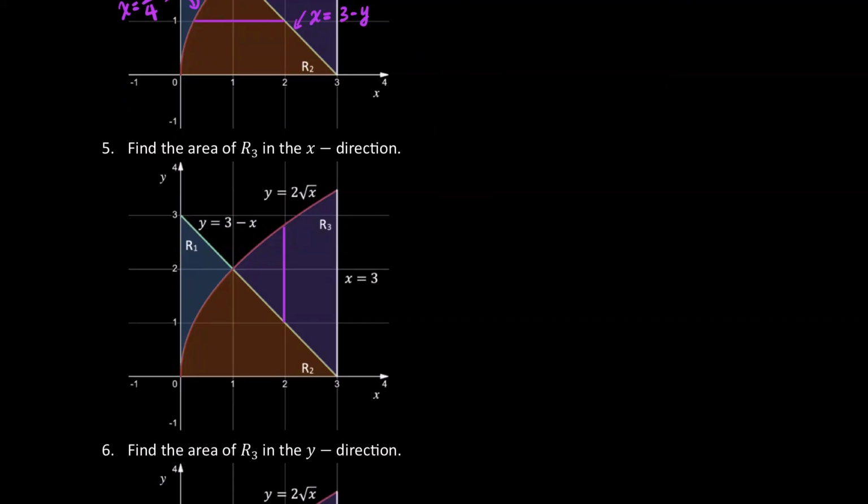And you can see throughout the entire region, the top function is 2 square root of x, and the bottom function is 3 minus x. That remains the same throughout the entire region. So we can do it with one integral. Going from left to right, we have top minus bottom.